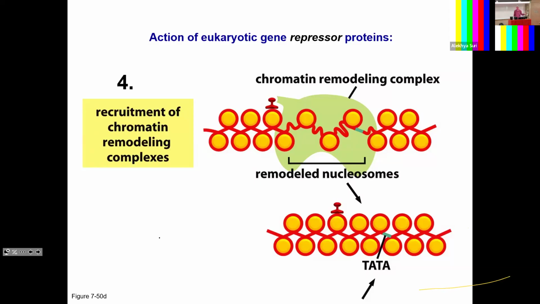You saw before, the one that opened the chromatin was also a chromatin remodeling complex. So these complexes can modify nucleosome position along the DNA to make it more open, but in this case here, to make it more compact.